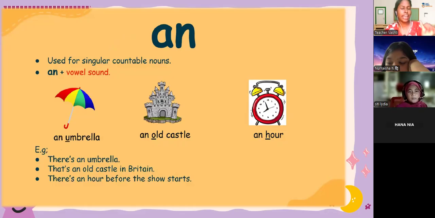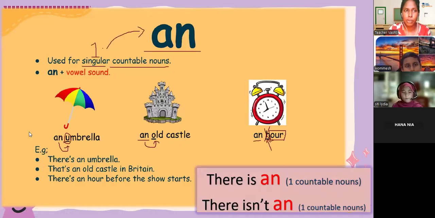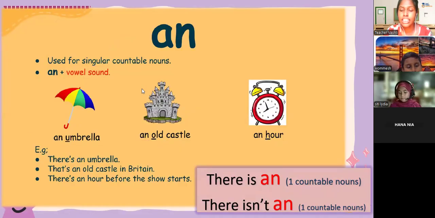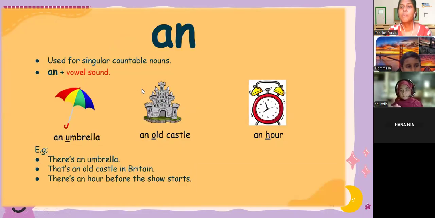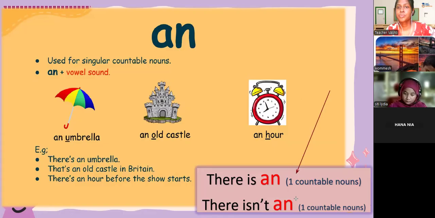When do you use an? A, E, I, O, U. Okay, very good. Now, do you have your notes? If you have your notes or no notes, take out your exercise book or a paper and copy this. I want everyone to copy this, okay?